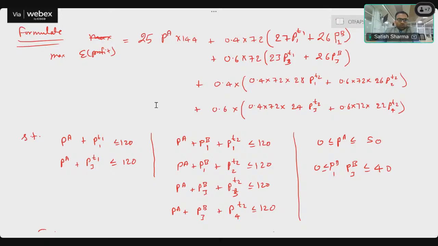So far, the objective was the expected value of our objective function. Whether it is cost, the expected value of the cost should be minimum. If it is profit, the expected value of profit should be maximum. This is how we have developed our objective so far.